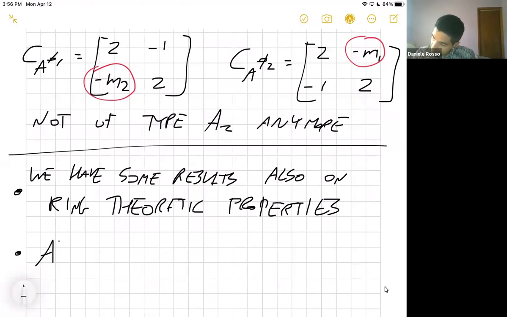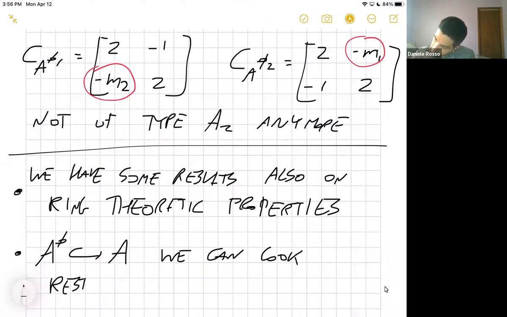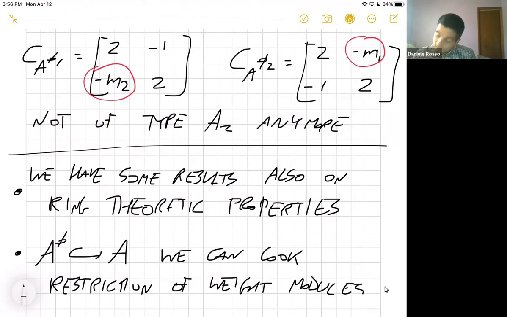So we have this map, and we can look at restriction of weight modules. There's a general notion of weight modules for the TGWAs, where the base ring R acts as your Cartan subalgebra, in analogy with the Lie algebra case.